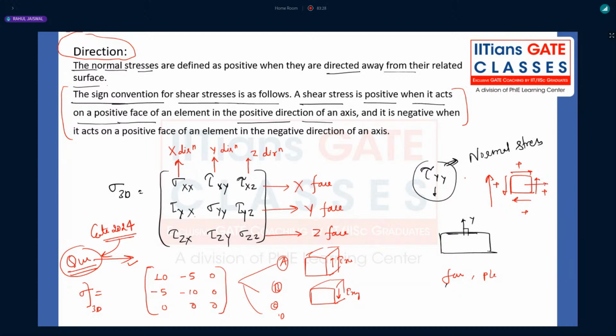Positive x phase, positive y direction is positive; negative x phase, negative y direction is once again positive, because negative times negative is positive. That's why it is our habit not to think about why the minus 5 can be shown a certain way. You might think this will be correct, but that is not true. Are all of you getting my point?